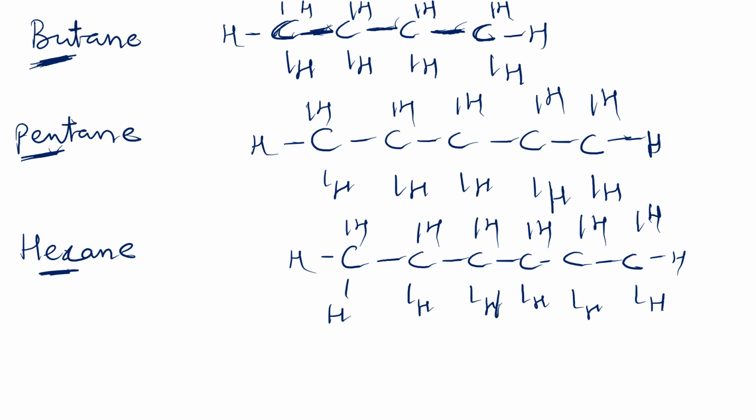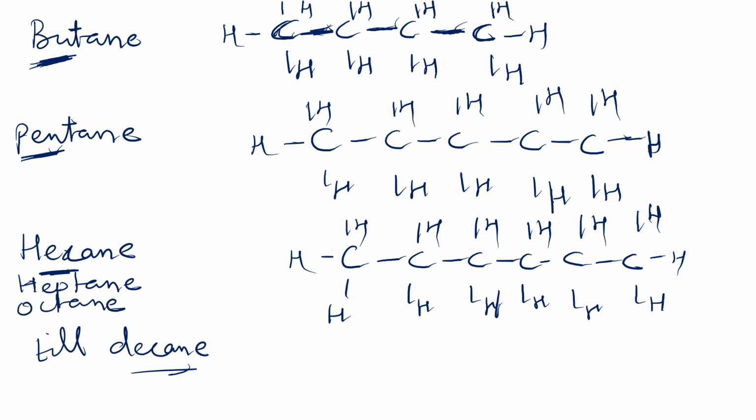And so on. We should know till decane. Decane means 10. So there is hexane, then heptane containing 7 carbon atoms, octane containing 8 carbon atoms, and there is nonane.